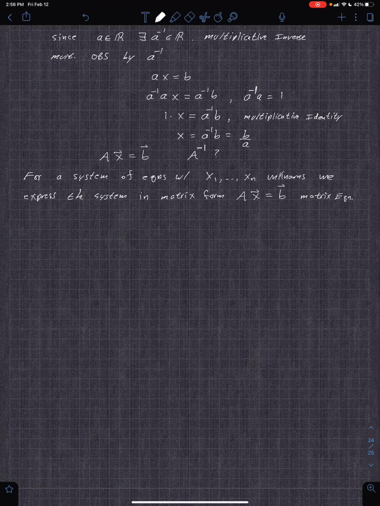And we want to develop ways to solve that. So basically, we want to talk about A inverse. This whole section is really on that and what properties it has. So we're going to define, here's a definition of an inverse of a matrix.